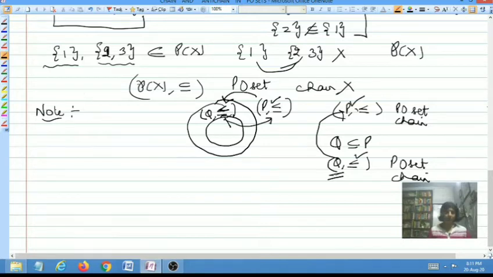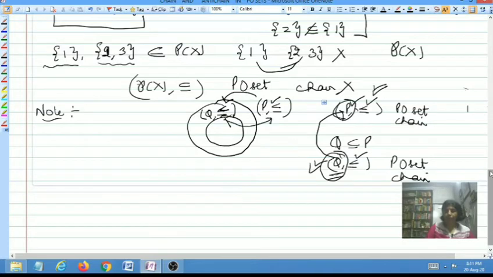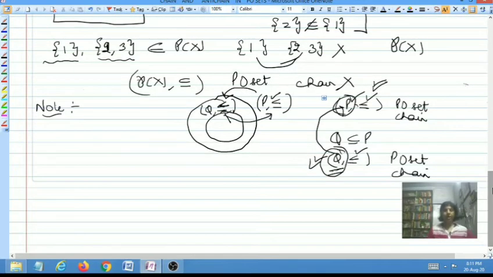If you pick any two elements in P, they will always be related, and the same way the elements of Q will behave, because Q is contained in P. So this gives me an important result: a subset of a chain is a chain. This is one important observation regarding chains.